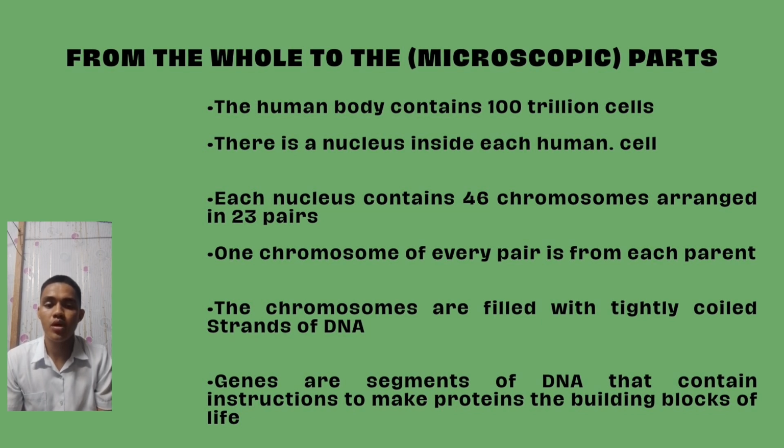One chromosome of every pair is from each parent, so 23 from the mother and 23 from the father. The chromosomes are filled with tightly coiled strands of DNA. Genes are segments of DNA that contain instructions to make proteins, the building blocks of life.